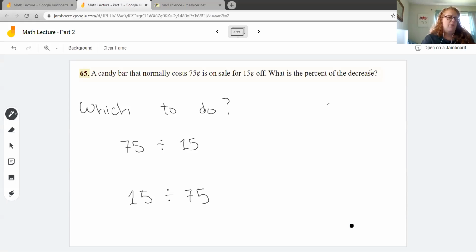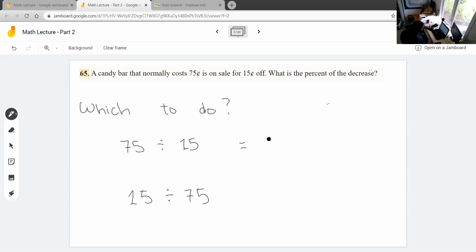I think I'd rather do 75 divided by 15. If I do that, then I get 5. If I do this one, then I'm getting 0.2.